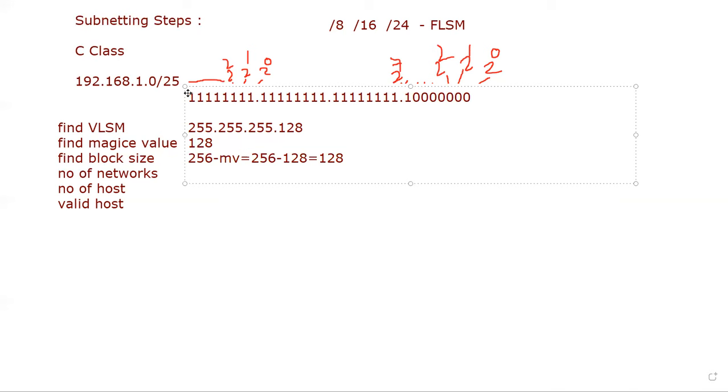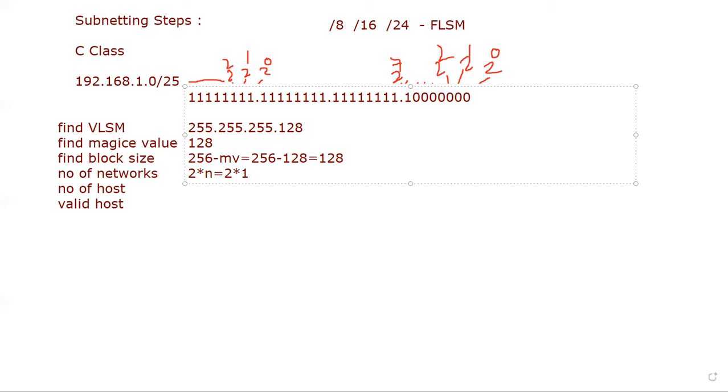Number of networks: 8, 16, 24 are fixed bits. So 2 raised to power n. Now, how many ones are there? How many zeros are there? 7 zeros means 7 host bits. 1 one means 1 network bit, so 2 raised to power 1.